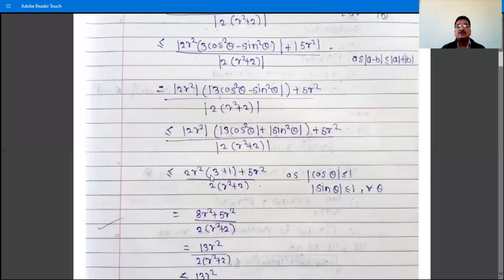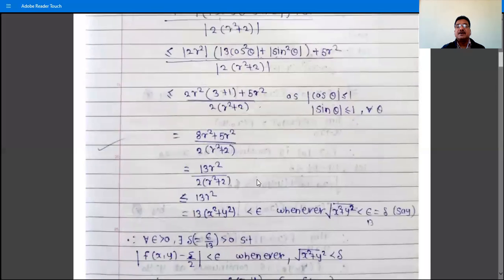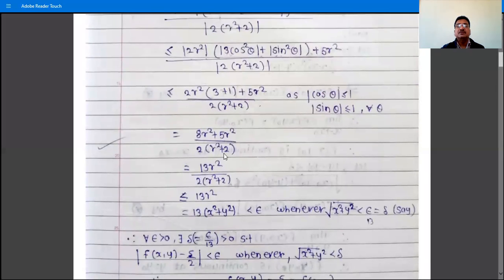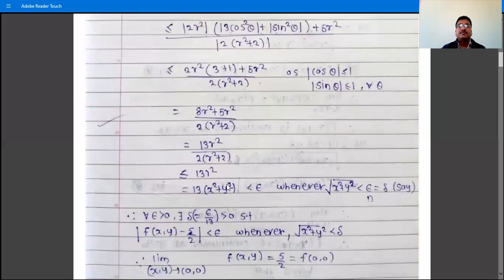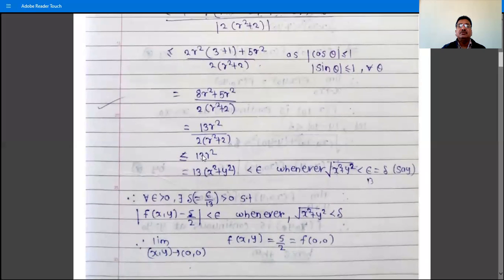So we have 8 r square plus 5 r square by 2 r square plus 2, and therefore we have 13 r square by 2 r square plus 2, and this is less than or equal to 13 r square. So remove this r square plus 2, since 2 r square plus 2 is always greater, dividing by the quantity, remove that. So it is always less than or equal to 13 r square.